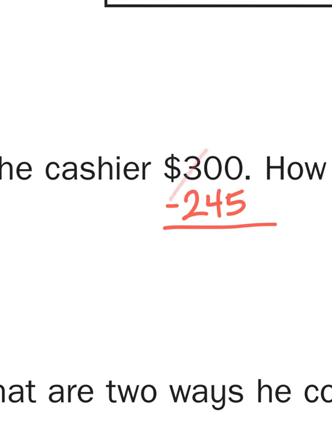So the cashier is going to take one of those $100 bills and make it into 10 tens. And then one of those $10 bills is going to be broken up into 10 ones. So $300 could also be thought of as 2 $100 bills, 9 $10 bills, and 10 ones.